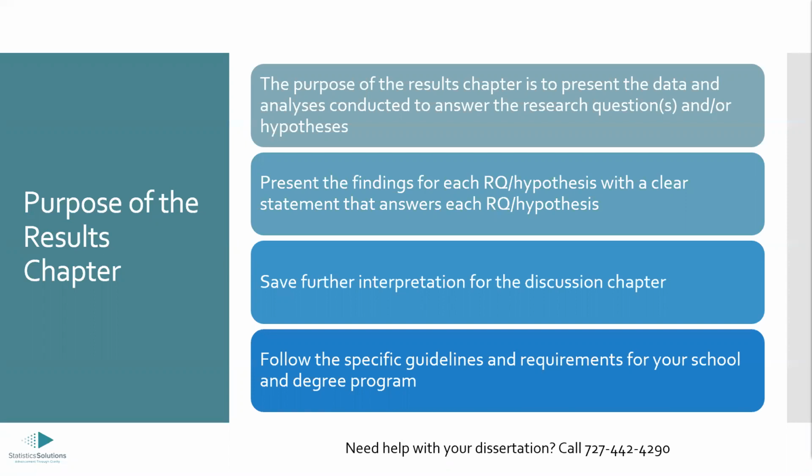So these are really just a guide for what is typically found in the results chapter and how to present these things. But you really should refer to your specific school guidelines and requirements to know exactly what information needs to go in the results chapter, because that may be a little bit different from the information that we present.